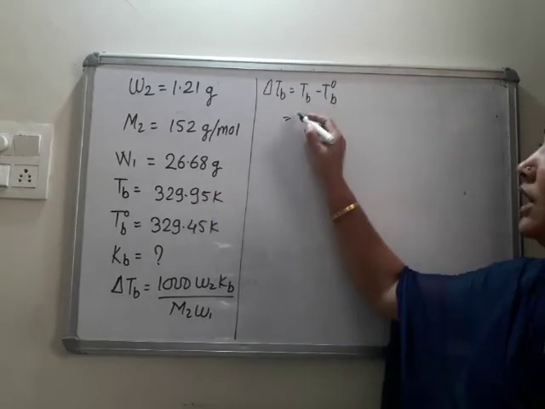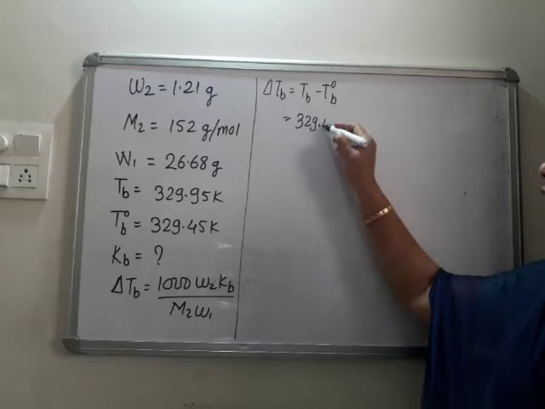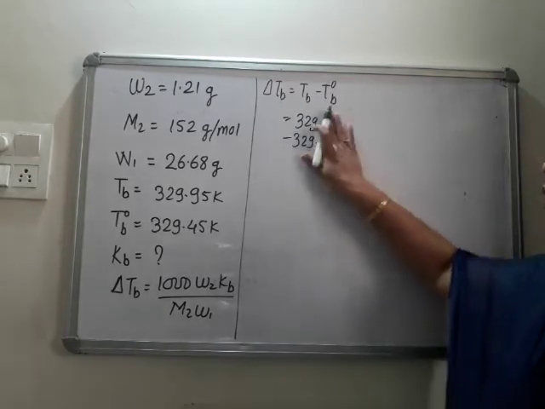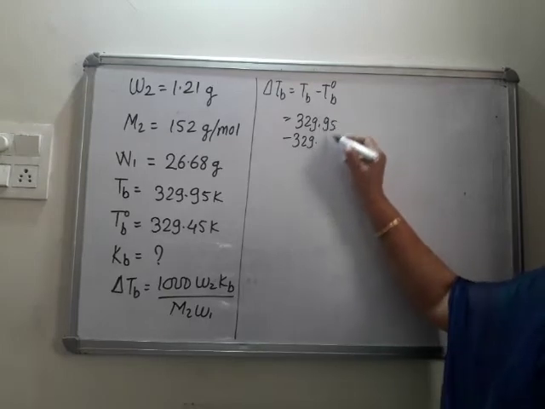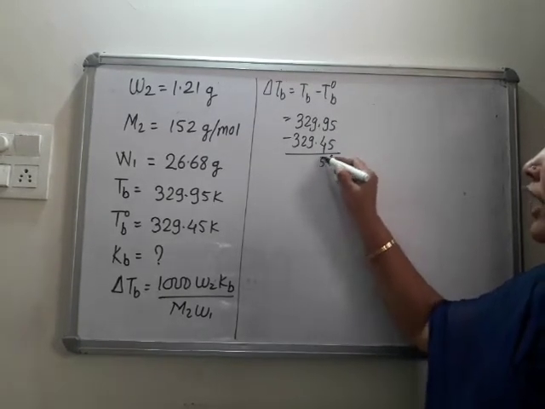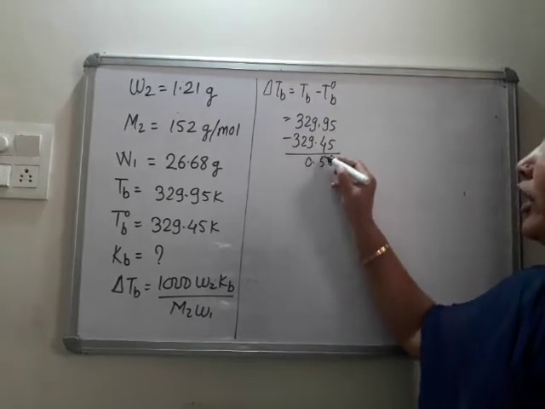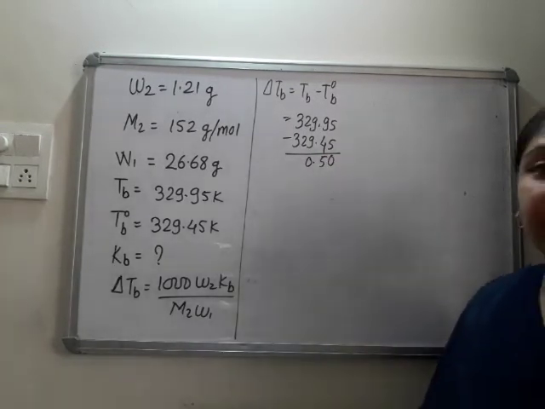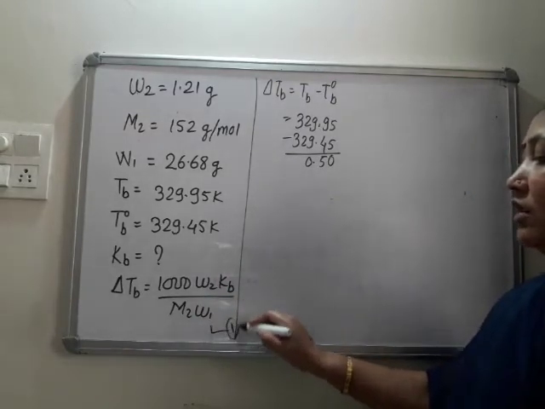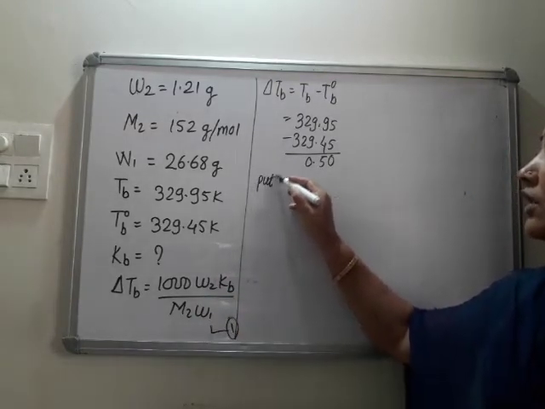What is TB? 329.95 minus 329.45. So that is equal to 0.5 Kelvin. Right? Put that value in this equation. Call this equation 1. So putting in 1.